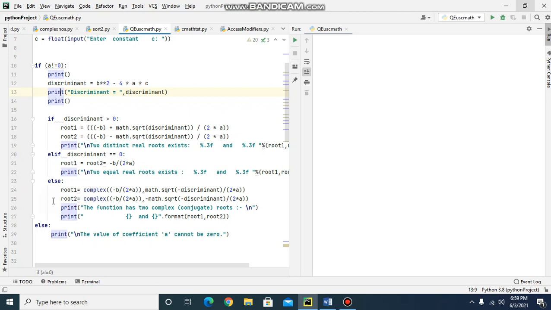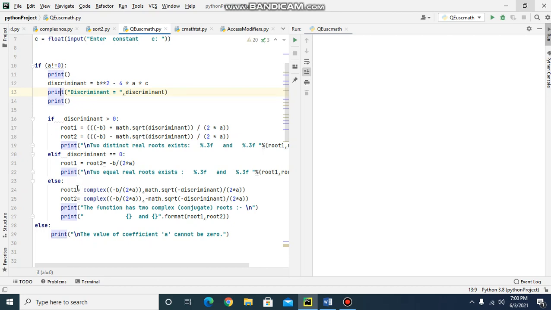The first parameter is called the real part and the second parameter is called the imaginary part. So here in this case, minus b upon 2 into a is the real part and the square root of the discriminant is the imaginary part. So it takes the real part and the imaginary part and returns the solution as a complex number.